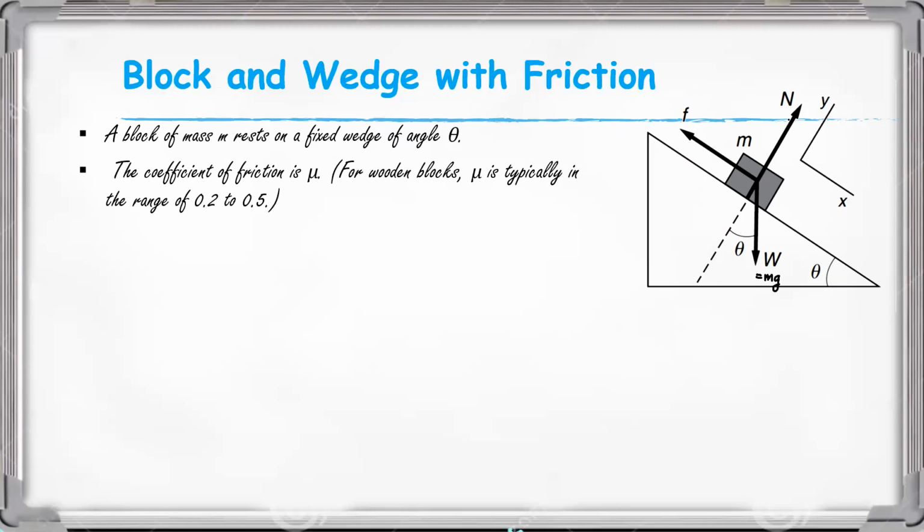Here we take the coefficient of friction as mu. Here we consider the case with friction. So we consider a general case, that is, we take the friction as mu. We know that for a wooden block, typically it is in the range 0.2 to 0.5.